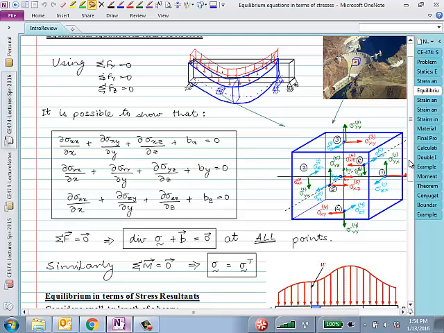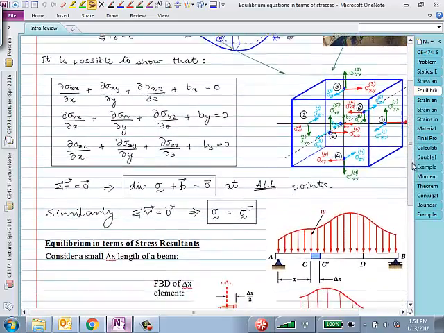No matter what deformable body you have, these are the equations of equilibrium, which translate from sum of forces in x, y, and z being 0. If you do that for any point, these three differential equations must be satisfied at each and every point of the body, everywhere. So these really are the equilibrium equations for deformable bodies.